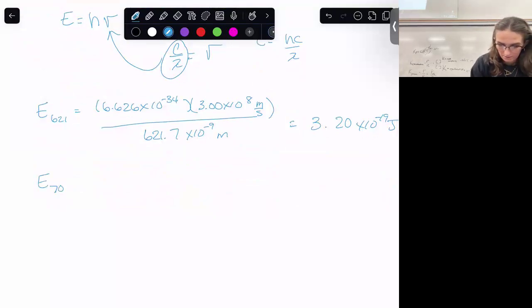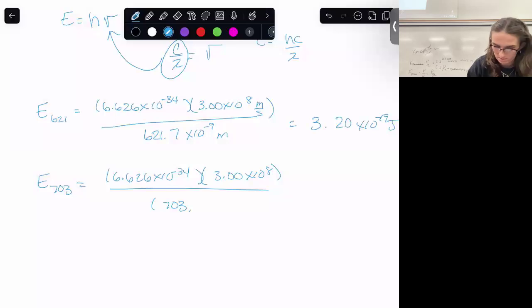So for the energy of the 703, it's going to be the same setup. So we get 2.8.